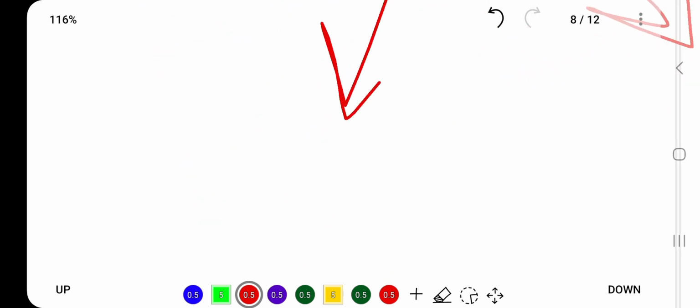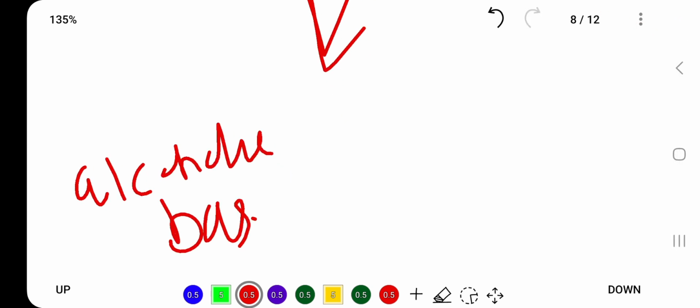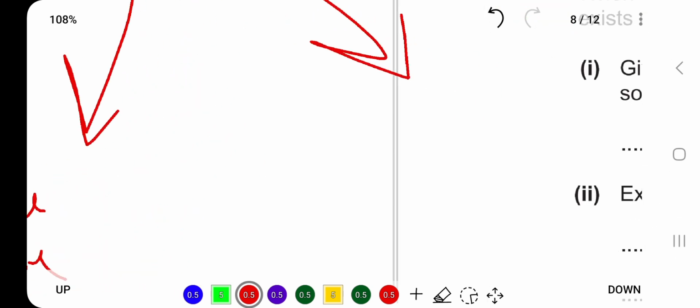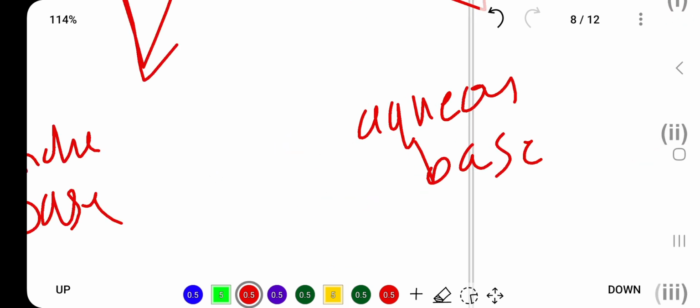Can either be alcoholic base or aqueous base.